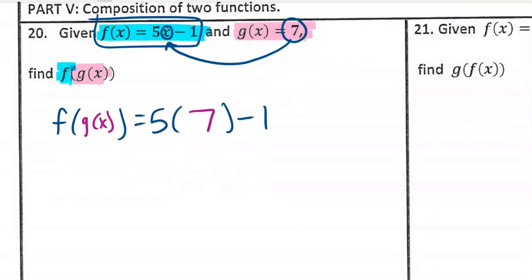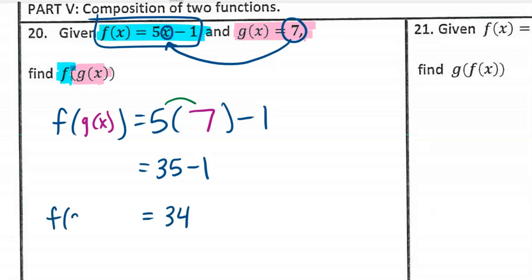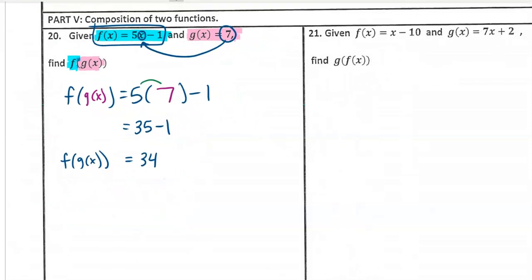And we simplify it. We will need to multiply 5 times 7, which is 35. And 35 minus 1 is 34. So our final answer is f of g of x equals 34.